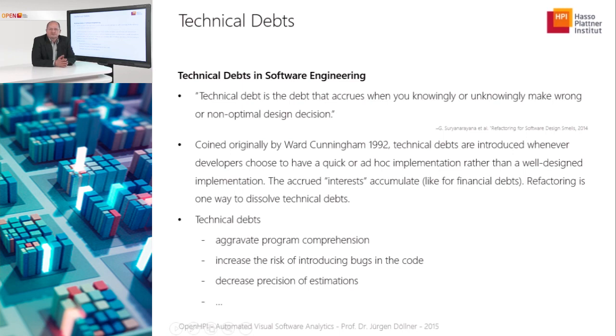This expression was coined originally by Ward Cunningham and describes technical debts as something that is introduced whenever developers choose to have a quick or ad hoc implementation rather than a well-designed implementation. If it is a quick or ad hoc implementation, then the accrued interests, virtual interests, accumulate somehow, similar to financial debts.